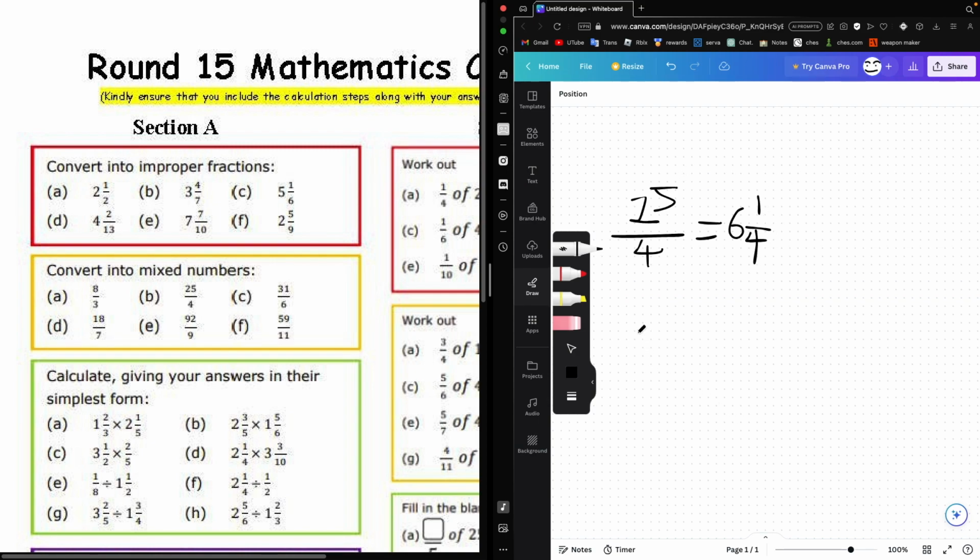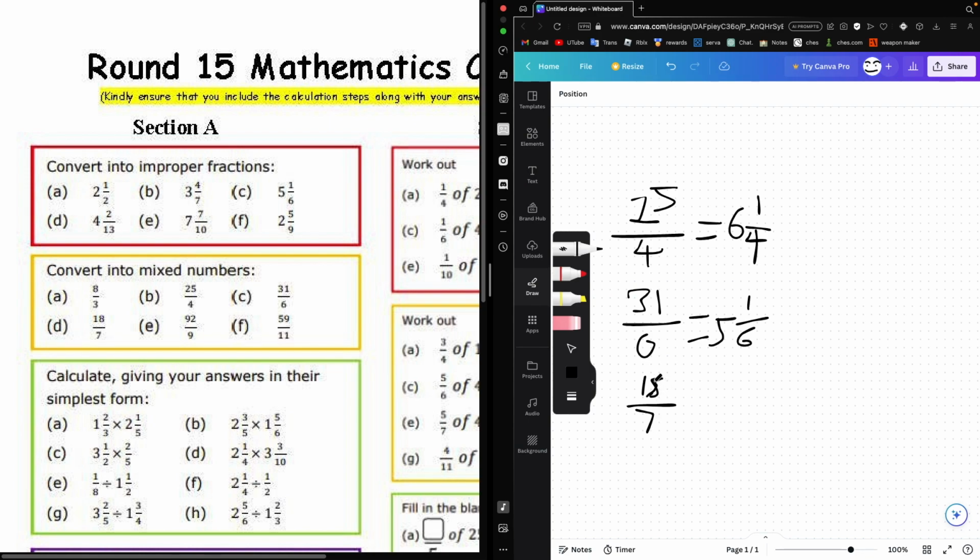C, 31/6. Same thing, 31 divided by 6. 5 times 6 is 30, so 31 minus 30, we have 1. The 5 goes first, then 1 over 6. Easy.